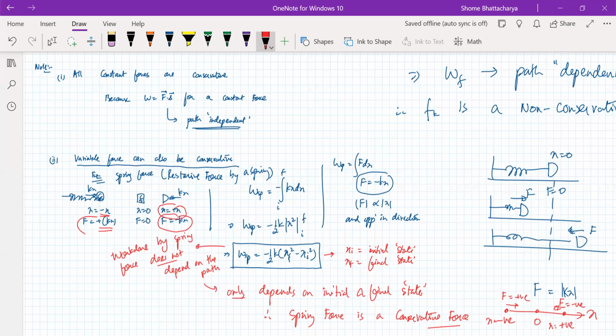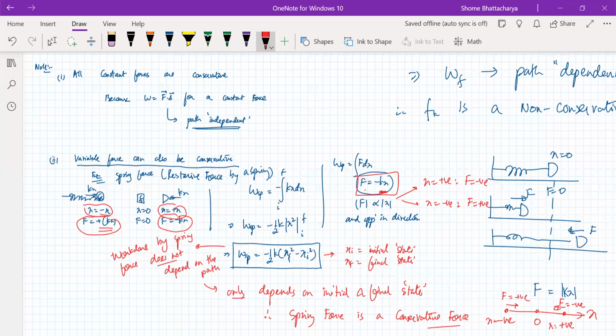Here the force is positive when the x coordinate is negative. So in general, the relationship between the force and the x coordinate is negative. That is why when x is positive, force will be negative. When x is negative, force will be positive. Okay, so that is why we replace F with minus kx in general.